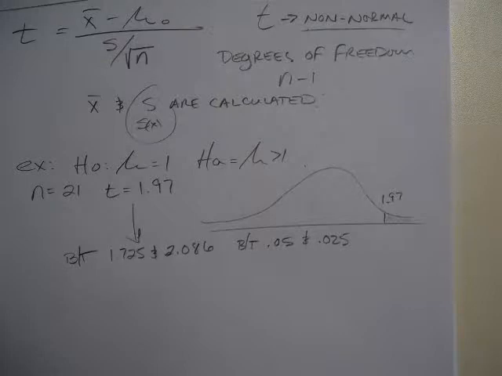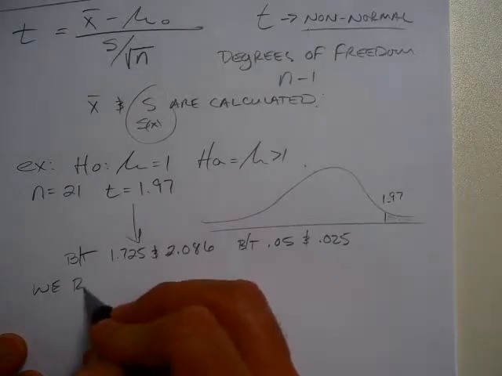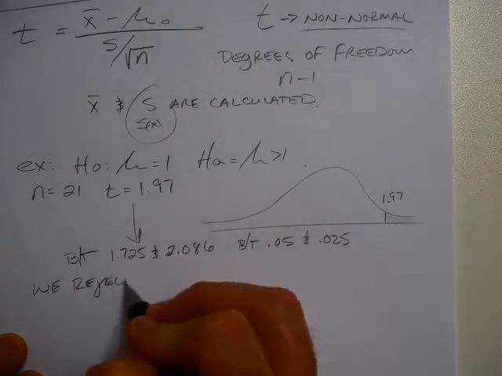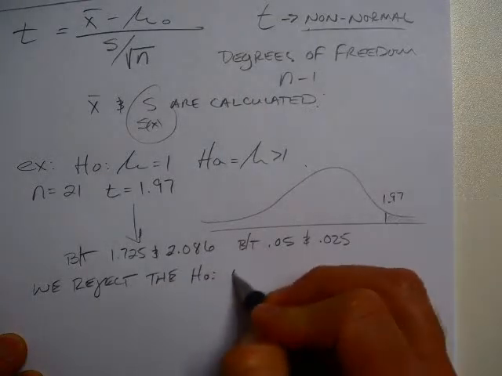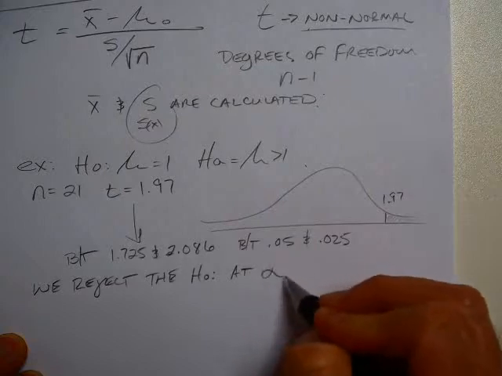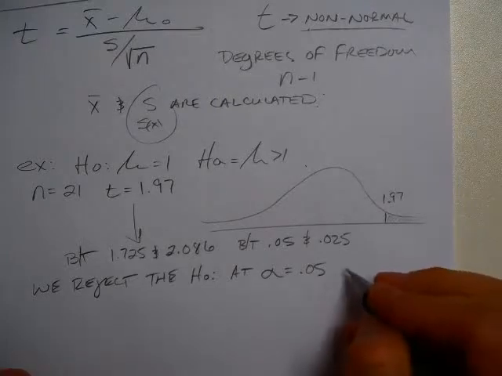If it was less than 5%, then we're not sure, right? If it was 1%, then definitely we would fail to reject. But we would reject the null at 5% alpha. Let's write that down. And we would fail to reject at 1% and conclude that the alternative is correct.